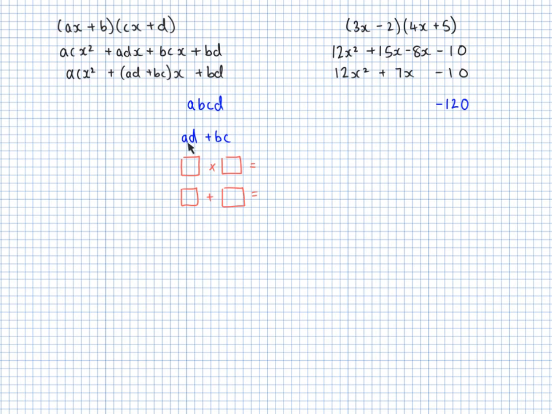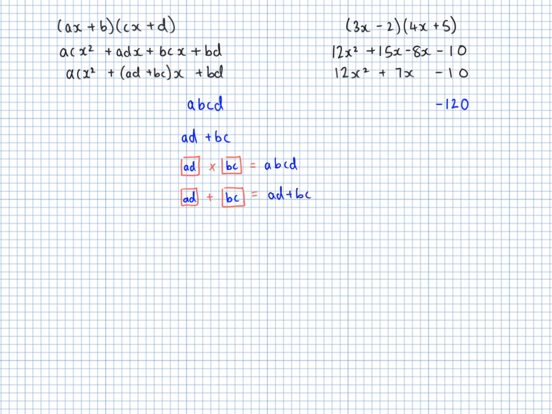So here I've got AD and BC. Remember, AD and BC are two different numbers. If I multiply AD and BC, I do get ABCD, and if I add them, I do get AD plus BC.